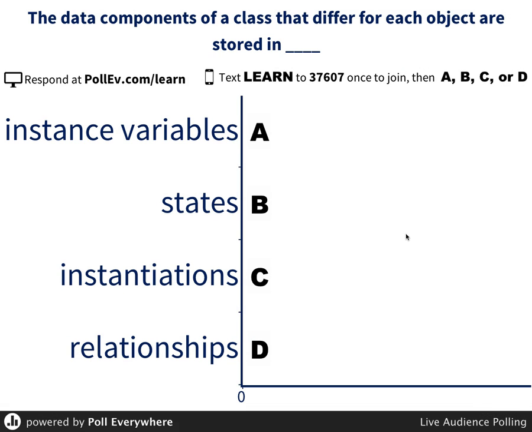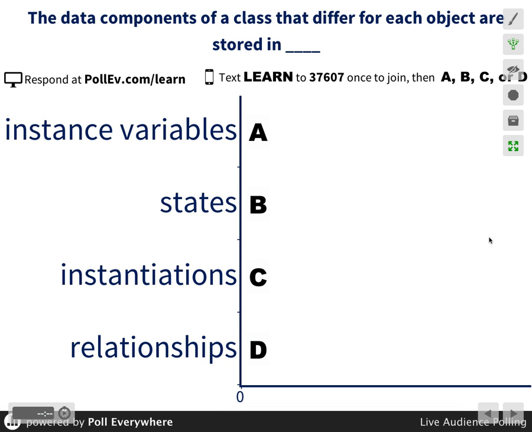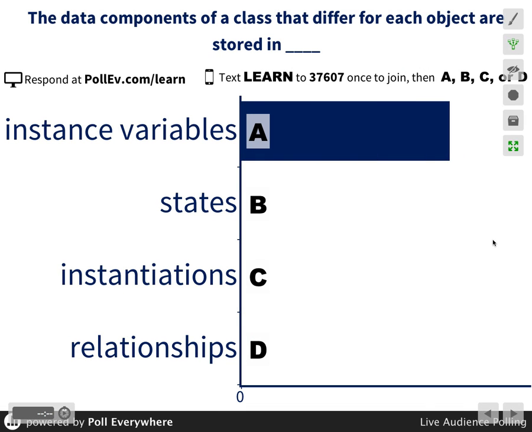Here's the next one. The data components of a class that differ for each object are stored in A, instance variable, B, states, C, instantiations, D, relationships. The data components of a class that differ for each object are stored in blank.